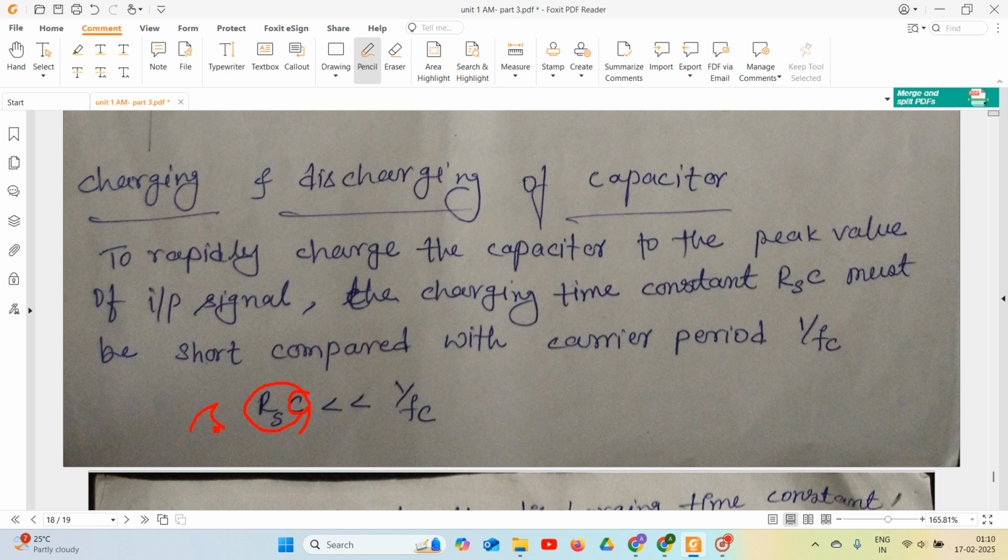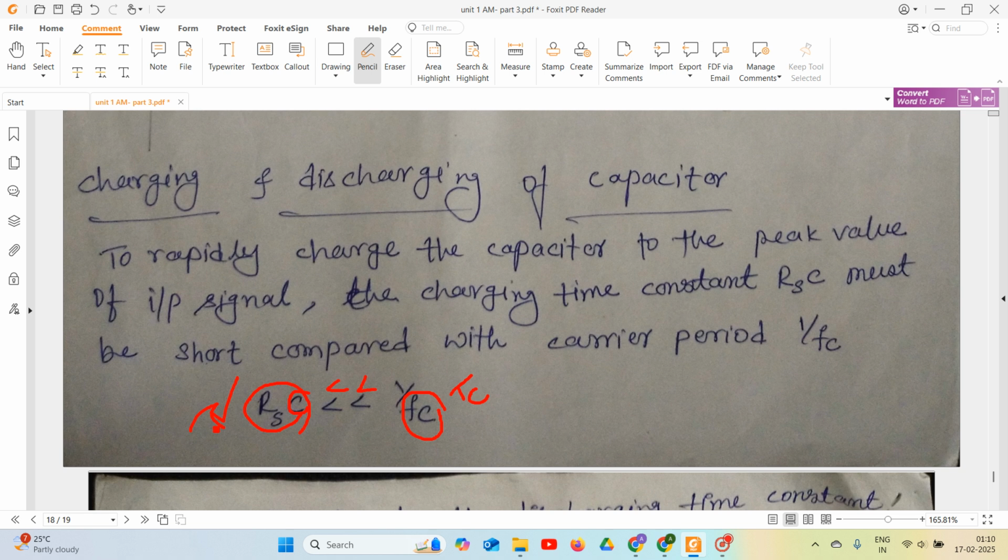This fc is the carrier frequency, so 1 divided by fc is the time period of the carrier. So the charging time period, from the resistance and capacitor, should be very small compared to the carrier time period.